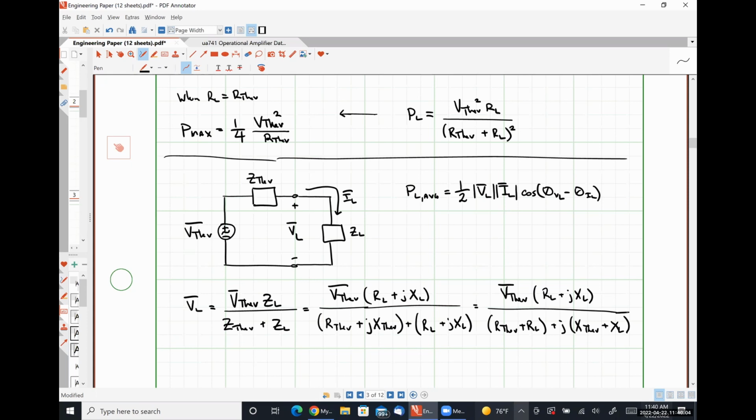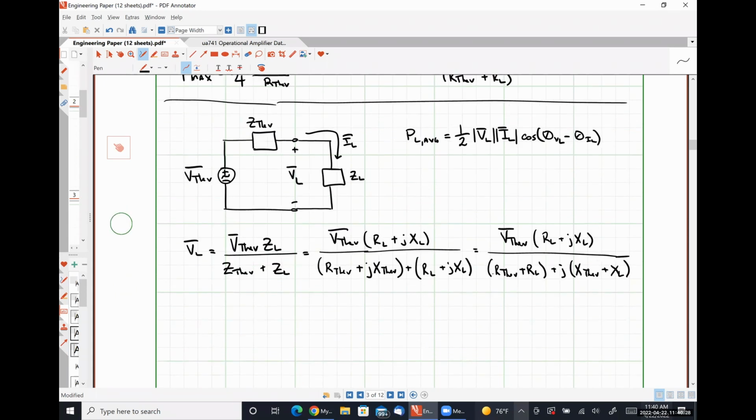All right. So I don't need the phasor voltage VL. I need the magnitude of this voltage. Well, this is simply a complex number. And at this point in our electrical engineering careers, we know how to take the magnitudes of complex numbers.